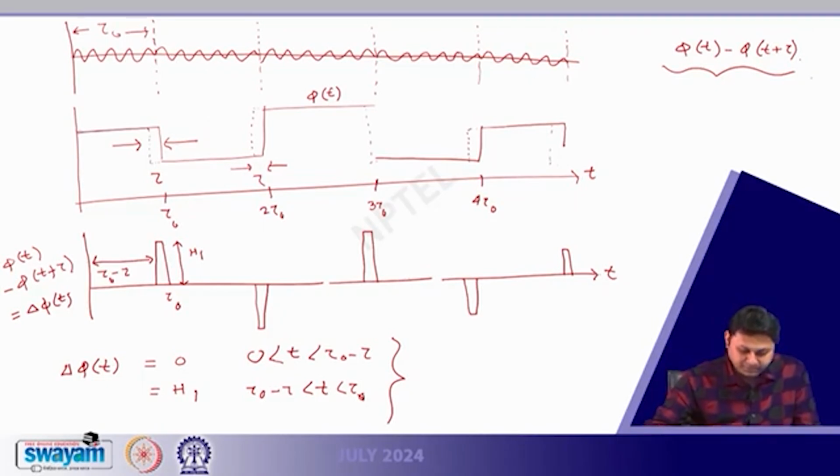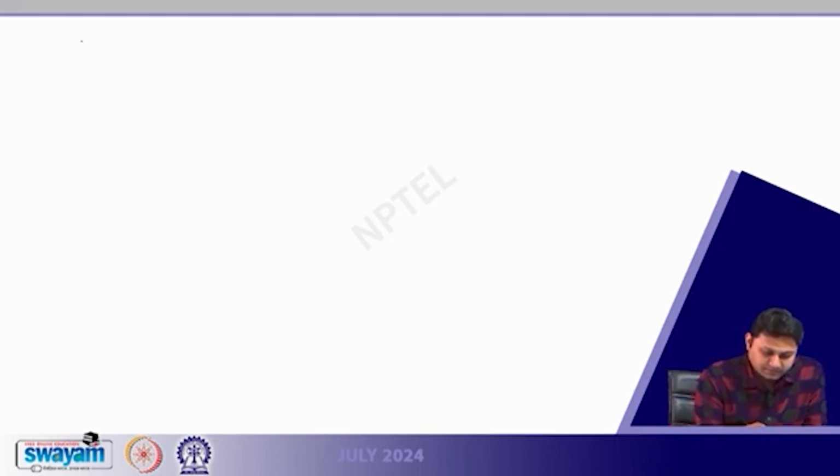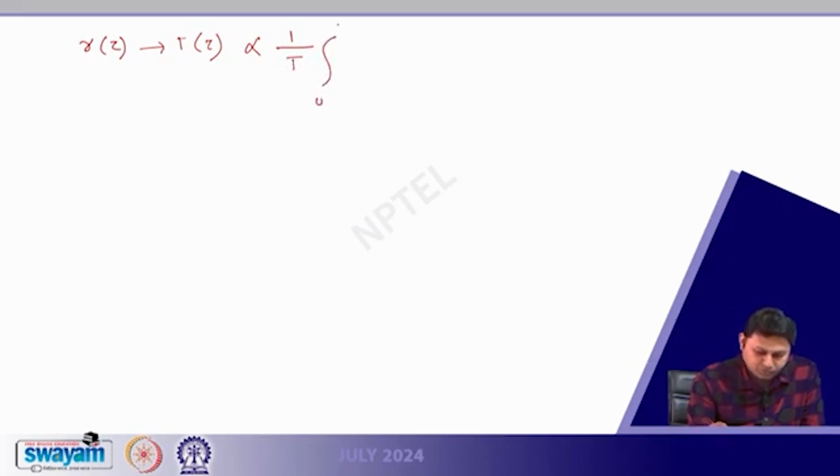So now let me calculate the time average of these things. Gamma tau, small gamma tau, that was the degree of coherence, which is essentially related to big gamma tau, is proportional to that quantity, 1 by big T, the integral, time average 0 to big T of e to the power of i delta phi t dt, that is the quantity.